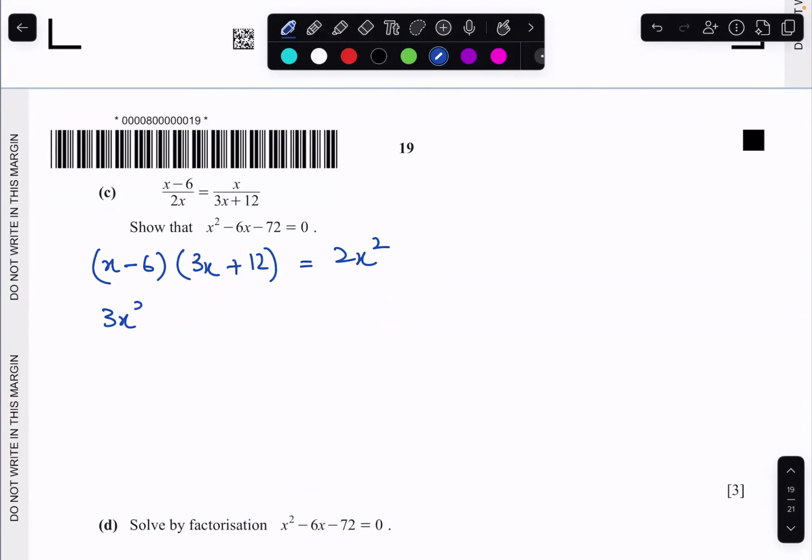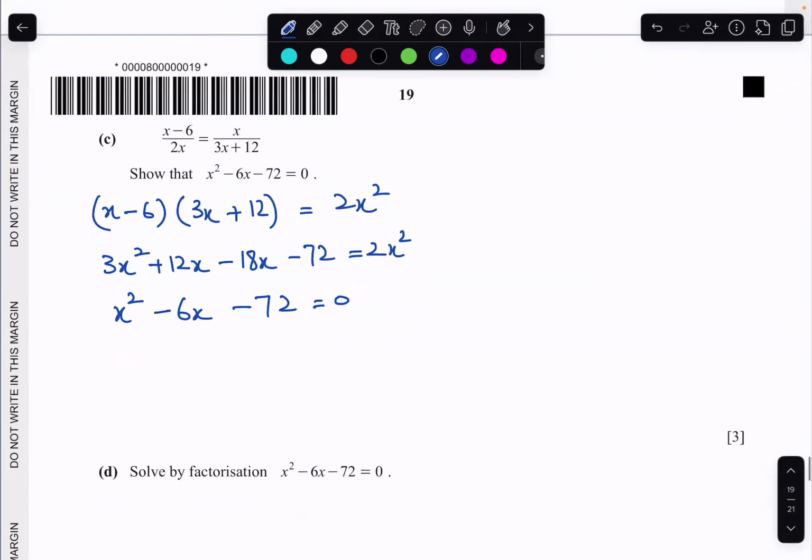This will be 3x squared plus 12x minus 18x minus 72 is equal to 2x squared. Now this will be x squared left if I bring this 2x squared to the left hand side, and this should be minus 6x, this should be minus 72. So we have shown this.